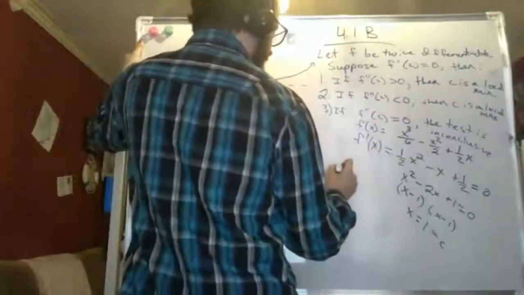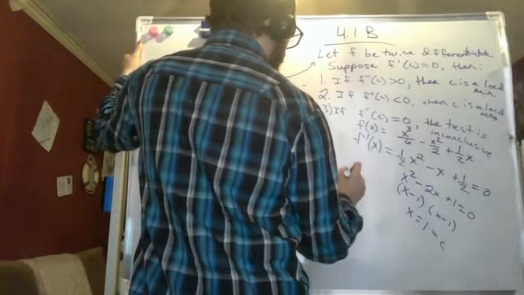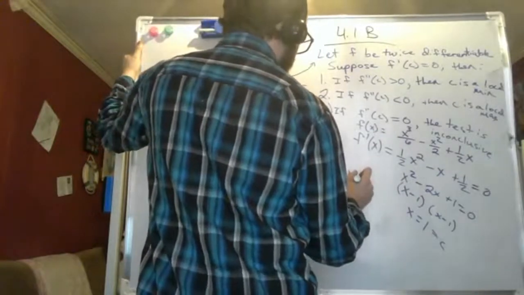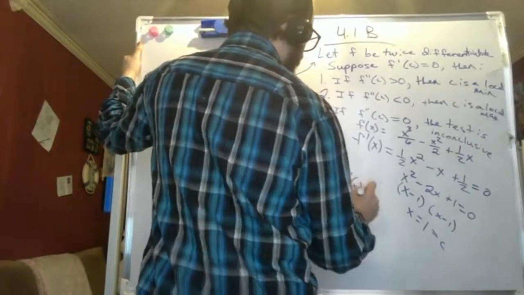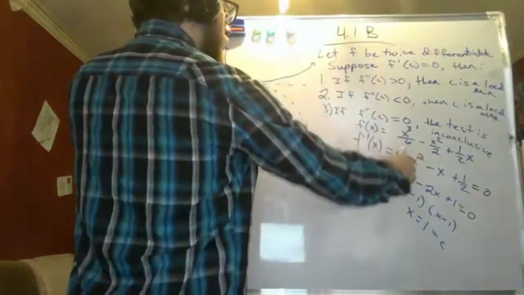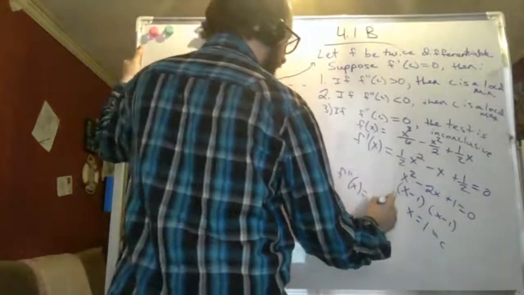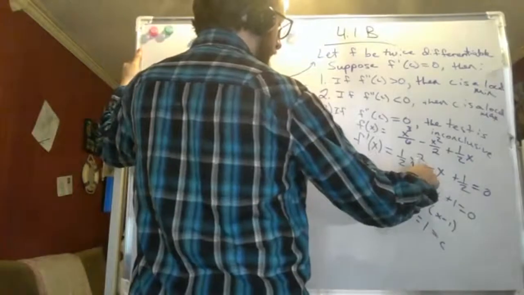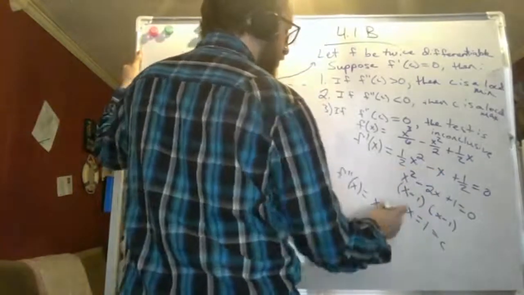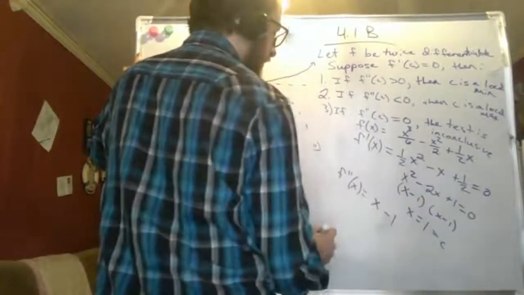Okay, so here's my c. This is my candidate I want to test on. And let's take my second derivative. So the second derivative here, the second derivative of 1/2 x squared is equal to 2 times 1/2 is 1. So I've got x to the first power. And then the derivative of negative x is just negative 1.